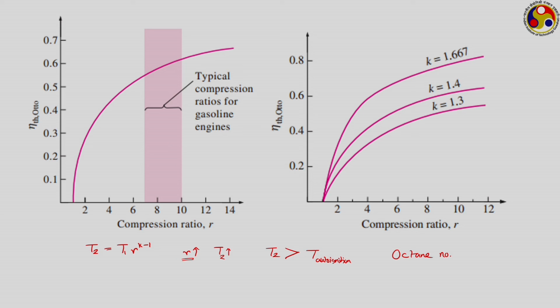Addition of lead has been shown to increase the auto ignition temperature quite markedly. However, in the 1970s, it was observed that because of the presence of lead during the combustion process, lead participates in the chemical reaction and produces several very harmful gases, which are harmful to our health and of course lead to severe environmental pollution.